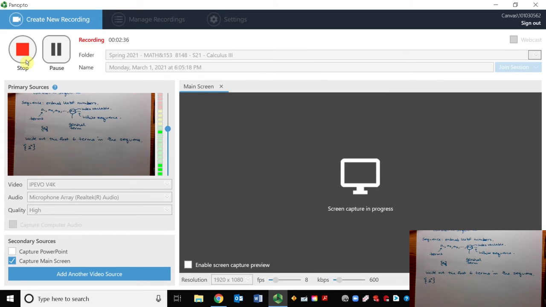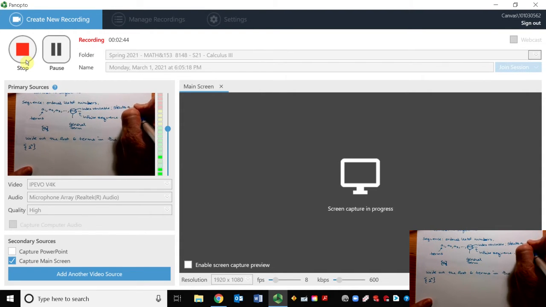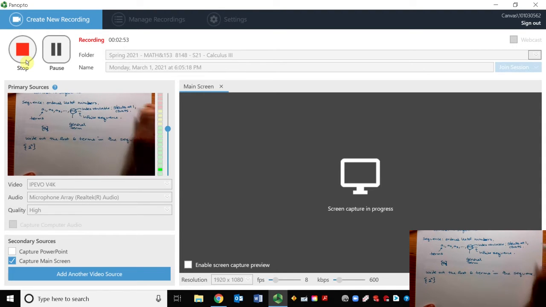Unless it's specified, n is going to start at 1, and it counts by integers. That's a good thing to put up here by your index variable. It doesn't have to start at 1, but if it doesn't, somebody has to tell you where it starts, and then it counts by integers.